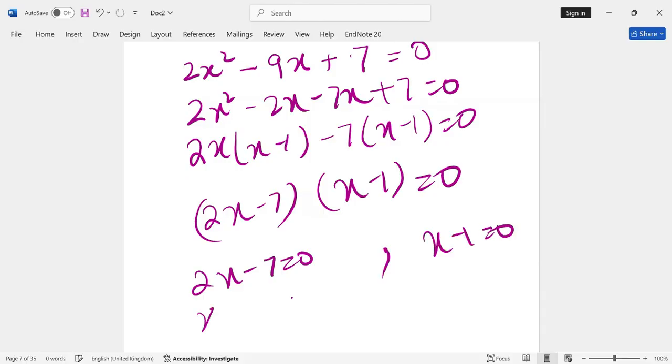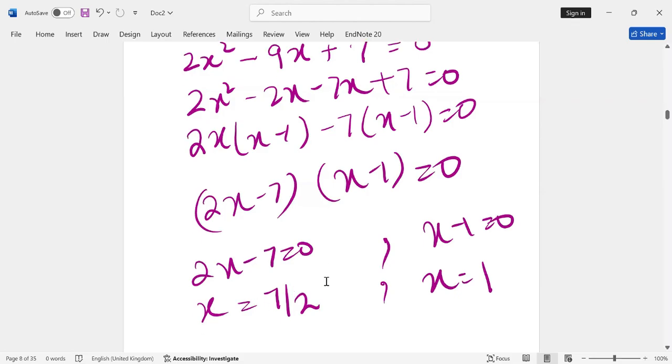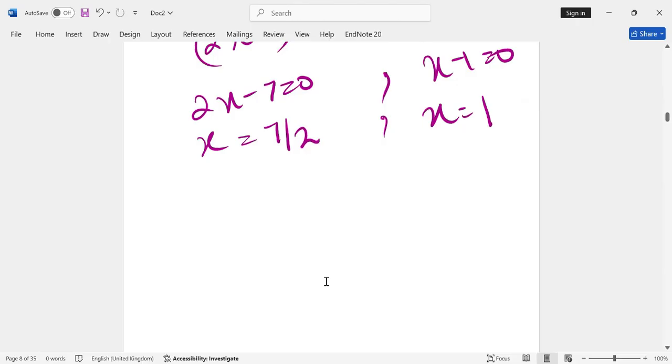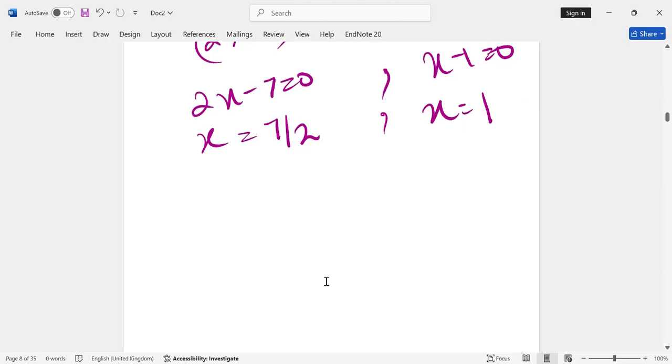Now we get the value of x from there: 7 by 2, and over here x equals 1. So the two values of x are 7 by 2 and 1. We have to find the value of y using this.